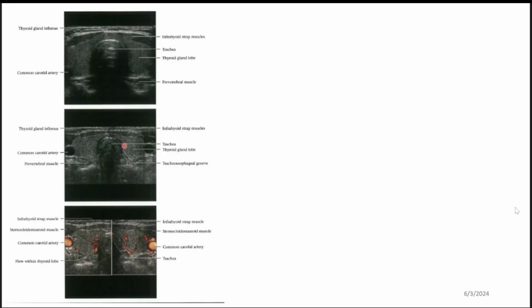Again, a little bit more inferiorly, we start seeing the common carotid arteries, tracheal rings, and the esophagus sits here. And this is with color Doppler. We see the left and right carotid artery flow, and normally there is some flow seen within the thyroid gland itself.